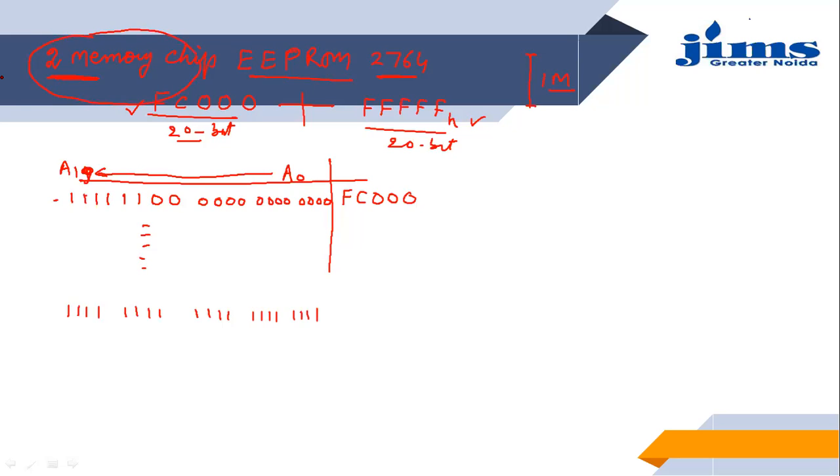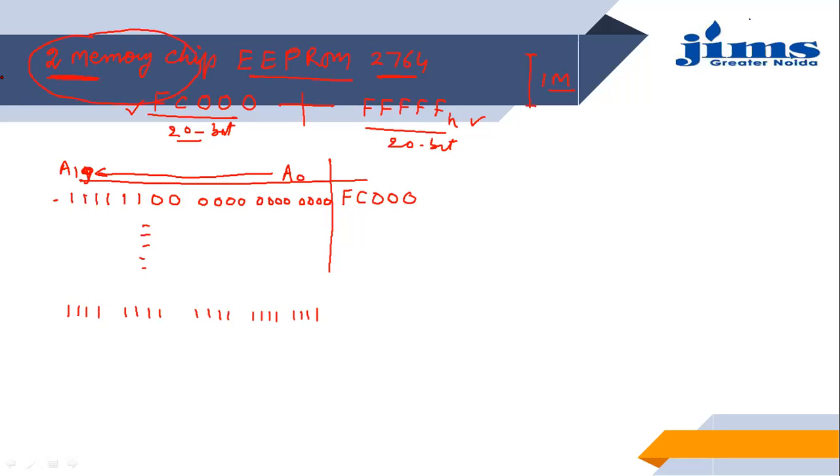The second most important thing is whether you want your system to access 16 bits of data or instructions at a time, or 8 bits of instructions or data.